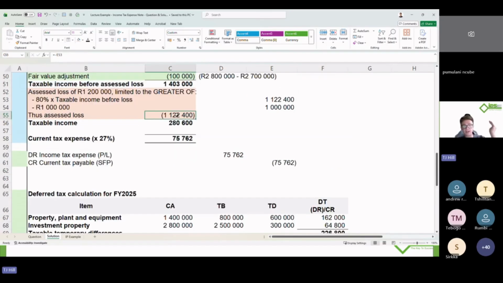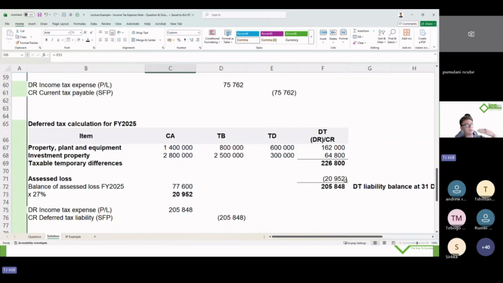Some of it went through current tax, some of it went through deferred tax. But now I've recognized, either via current tax or deferred tax, the full 1.2.